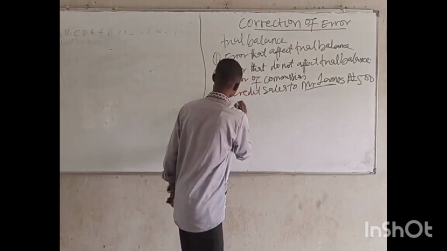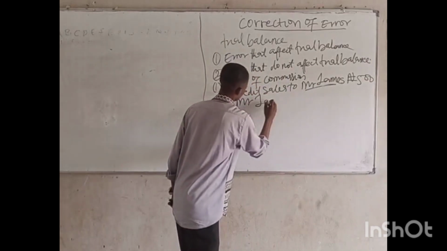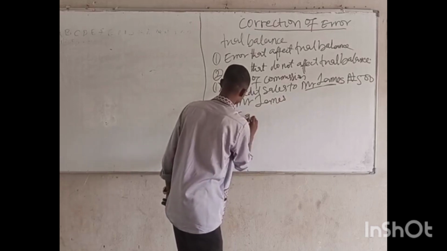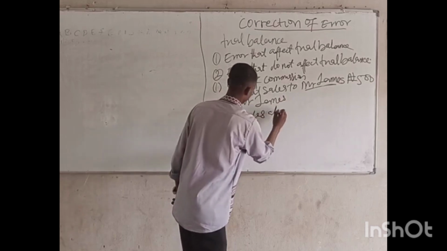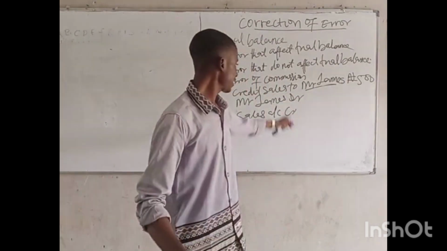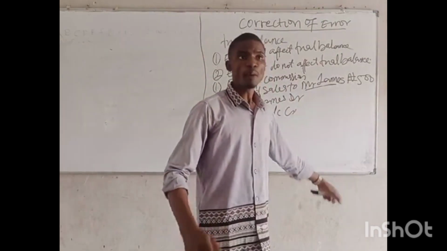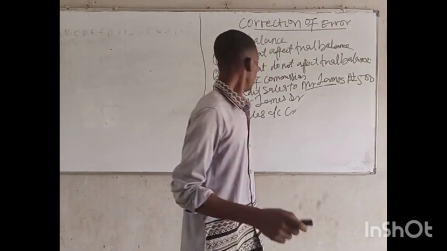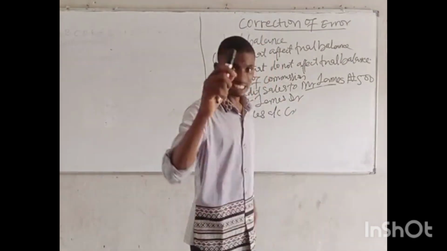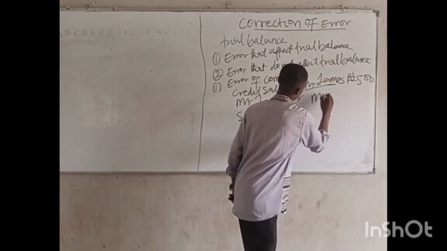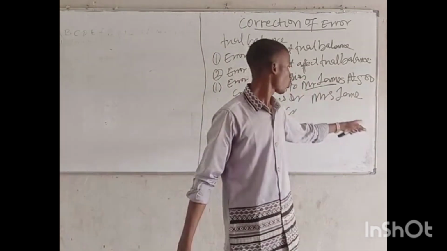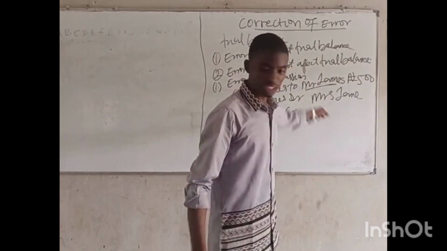This is the entry we're supposed to pass for this transaction. But unfortunately, Mr. James' account was not debited, but instead, Mrs. Jane's account was debited.